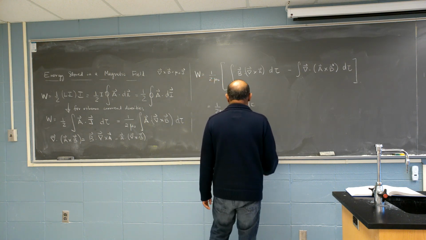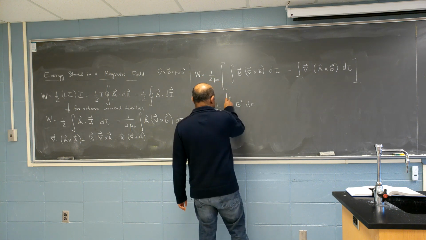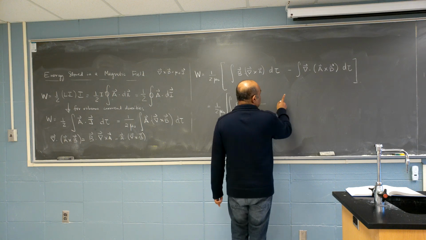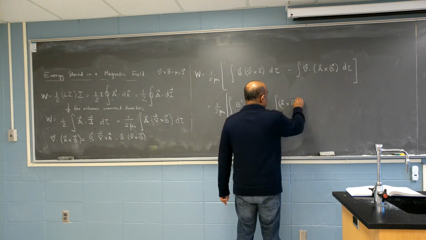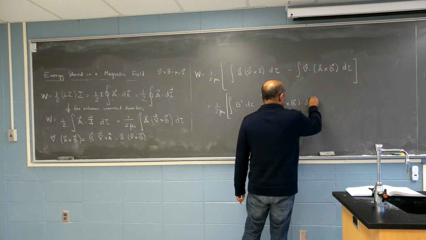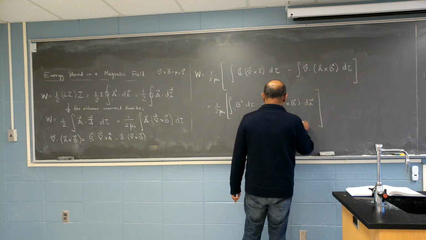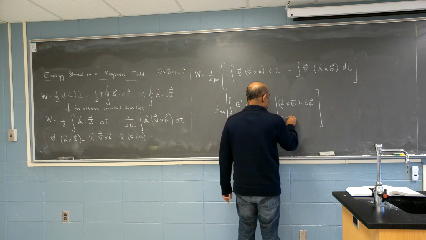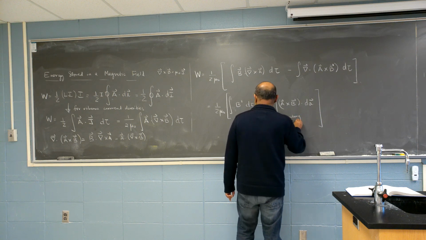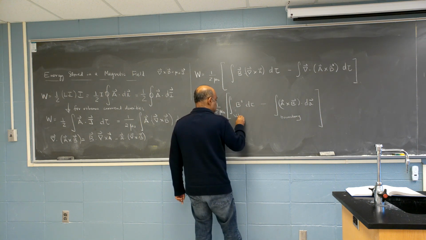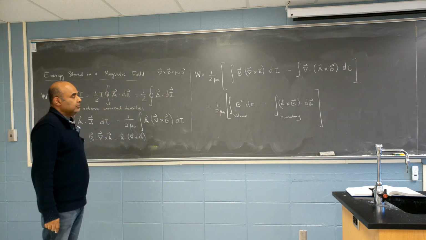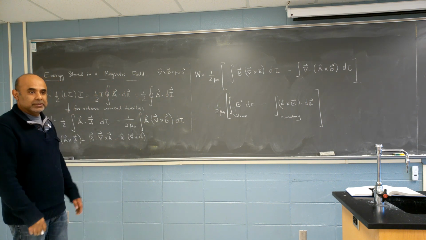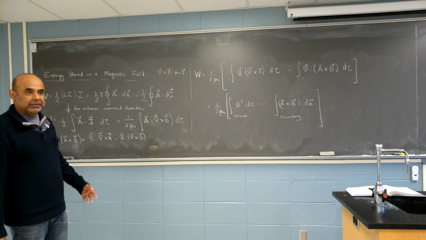And I can use the divergence theorem, and then do A cross B dot dA on the boundary. If you include all space, the boundary is infinitely far away.